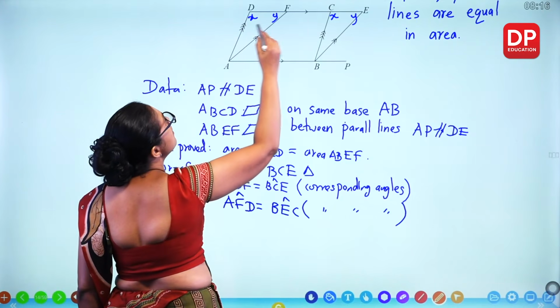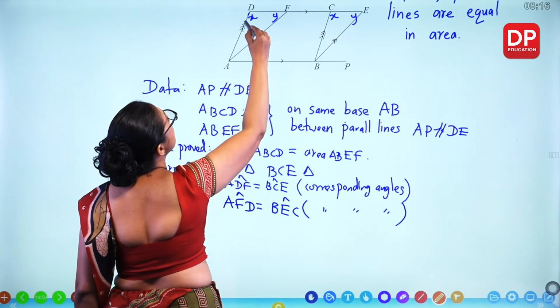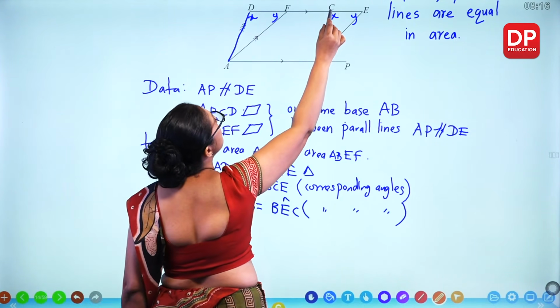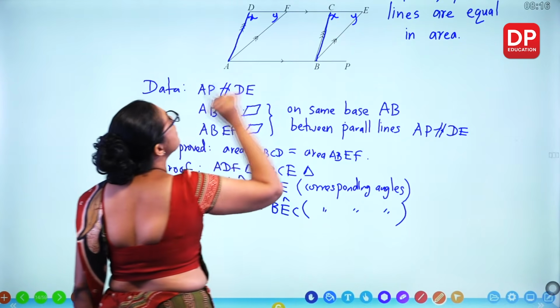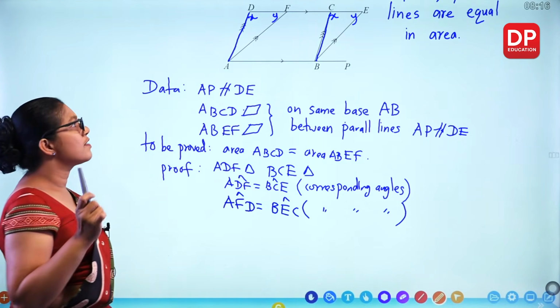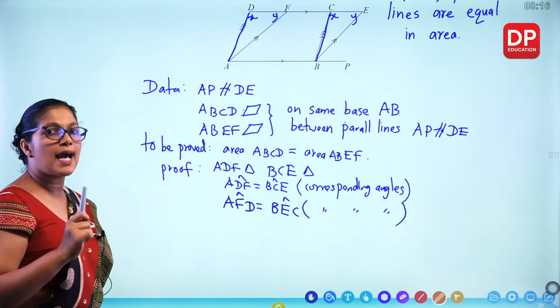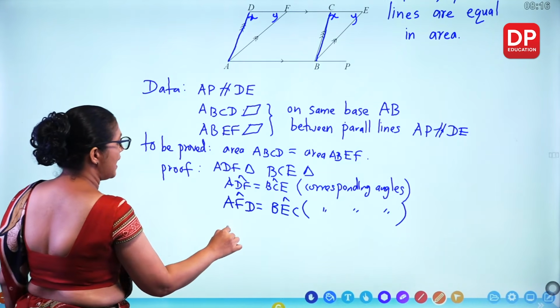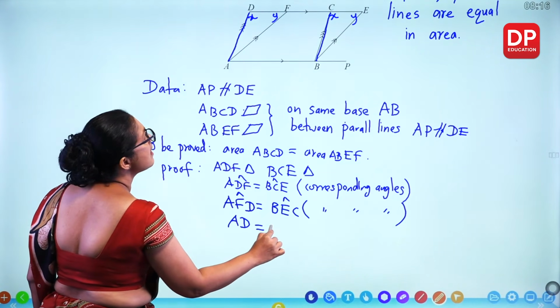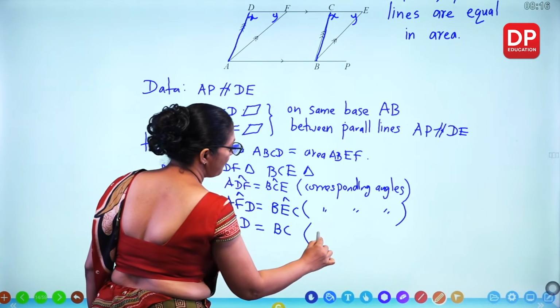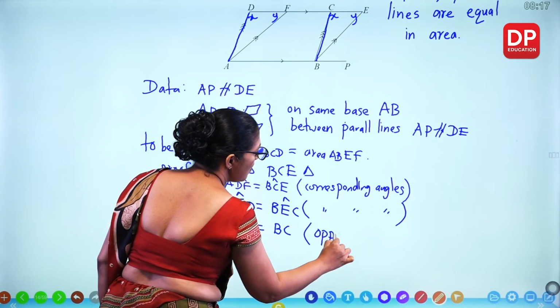And this length, what can you say about AD and this length? Both are equal because this is a parallelogram. Opposite sides are equal. AD is equal to BC. Opposite sides of a parallelogram.